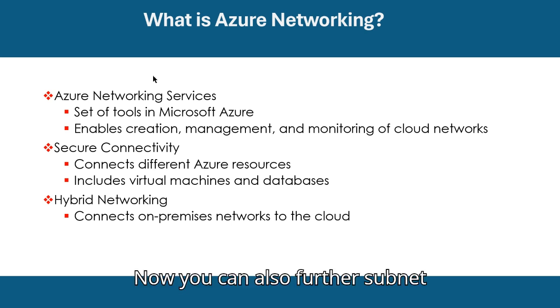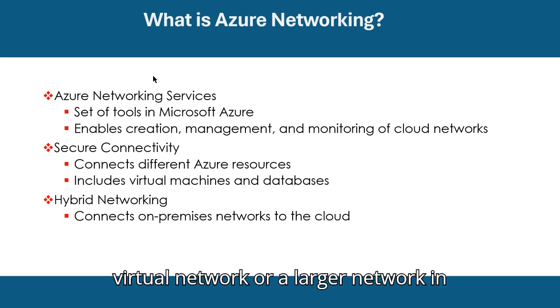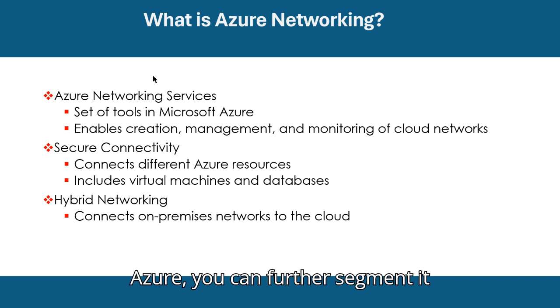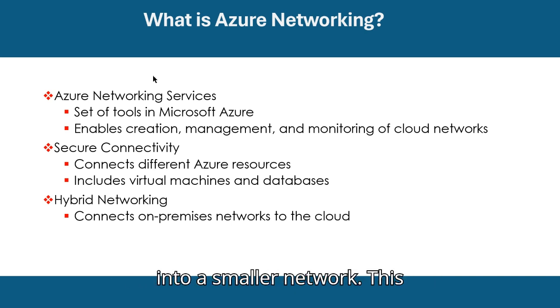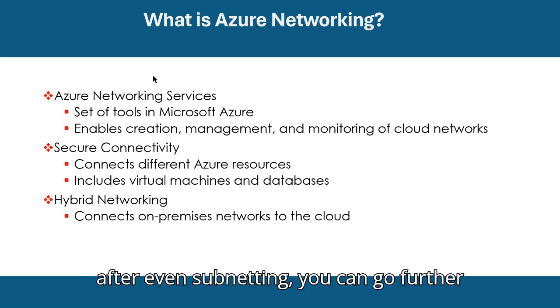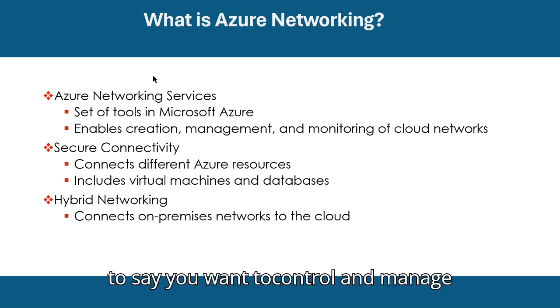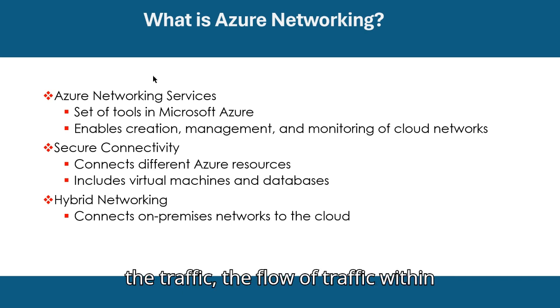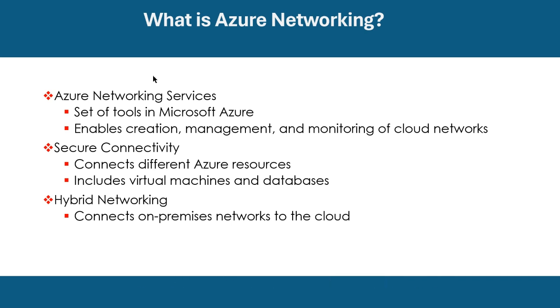Now you can also further subnet or segment a larger virtual network, or a larger network in Azure. You can further segment it into a smaller network. This segmentation, or breaking down of a larger network into smaller ones, is called subnetting. So Azure Network, after even subnetting, you can go further to say you want to control and manage the traffic, the flow of traffic within Azure.